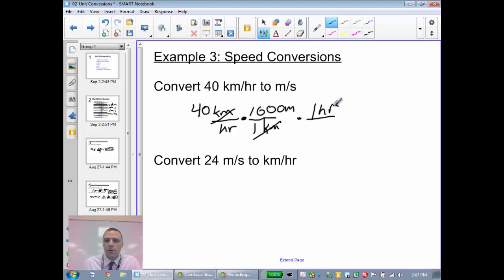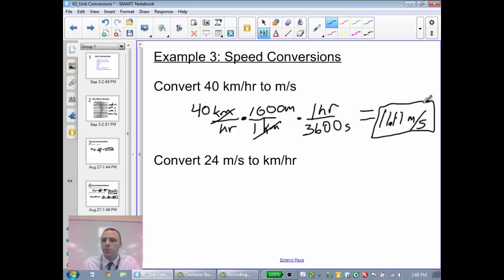In 1 hour, there are 3,600 seconds. And when I do the calculation out, I end up getting an answer of 11.11 meters per second.